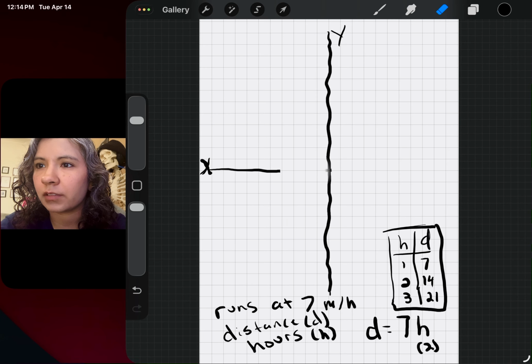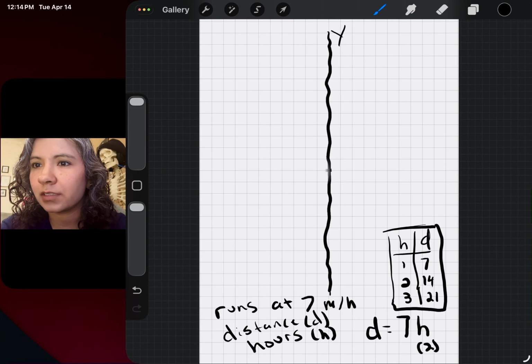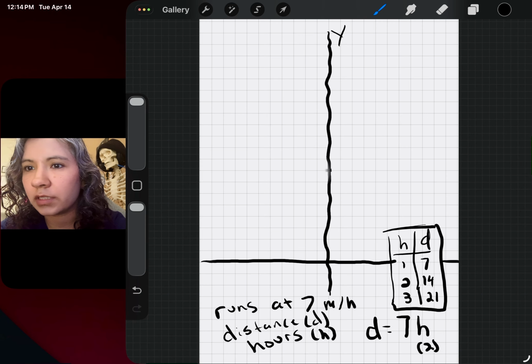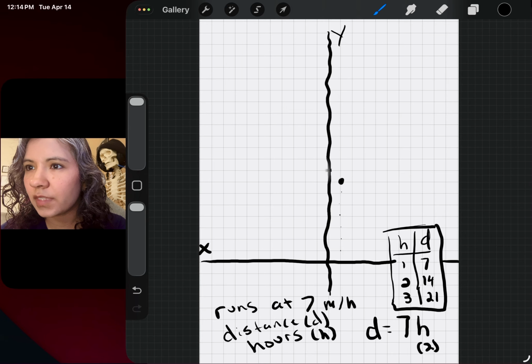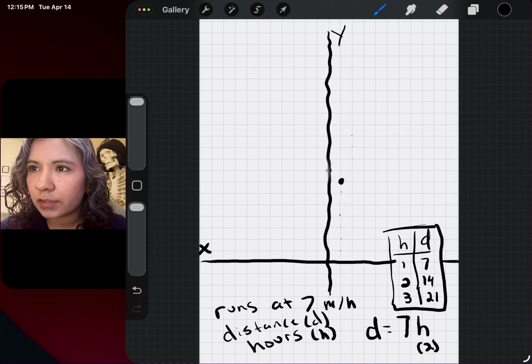Let me see if I can move the x-axis lower because it's all positive. So let's make this the x-axis, so x is 1, 2, 3, 4, 5, 6, 7. 1, 7, 2, 14, 8, 9, 10, 11, 12, 13, 14, 15, 16, 17, 18, 19, 20, 21.